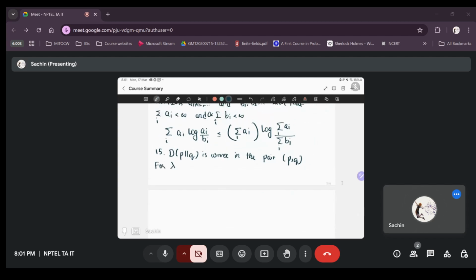So for lambda greater than or equal to 0 and less than or equal to 1, D(lambda p1 plus (1 minus lambda) p2 parallel lambda q1 plus (1 minus lambda) q2), where (p1,q1) and (p2,q2) are two pairs of probability mass functions, is less than or equal to lambda D(p1 parallel q1) plus (1 minus lambda) D(p2 parallel q2).